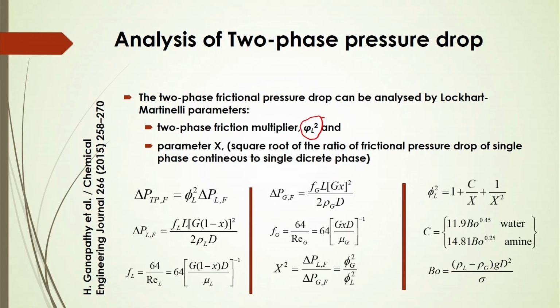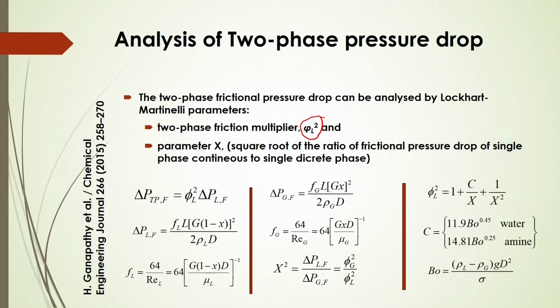That two phase frictional multiplication factor is called the two phase friction multiplier, denoted by phi L square. Another parameter in their model is the ratio of the frictional pressure drop of the single continuous phase to the single discrete phase. This parameter is denoted by x.